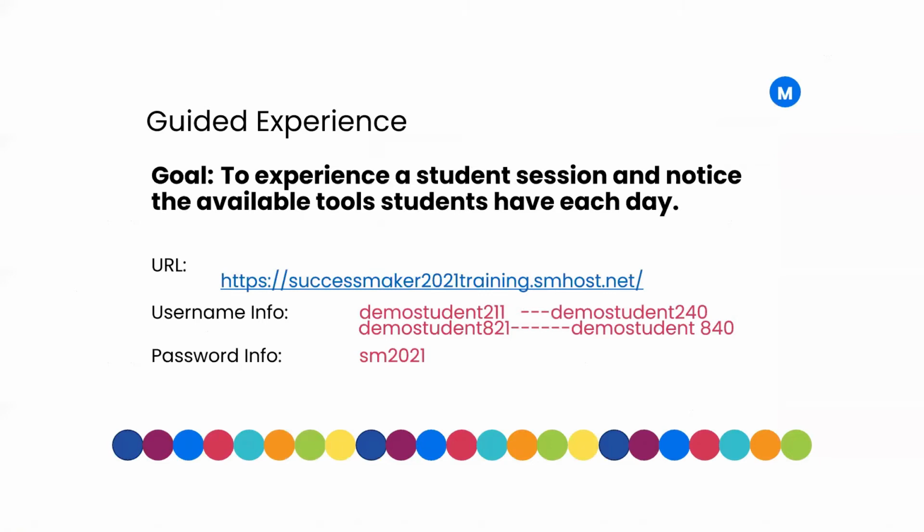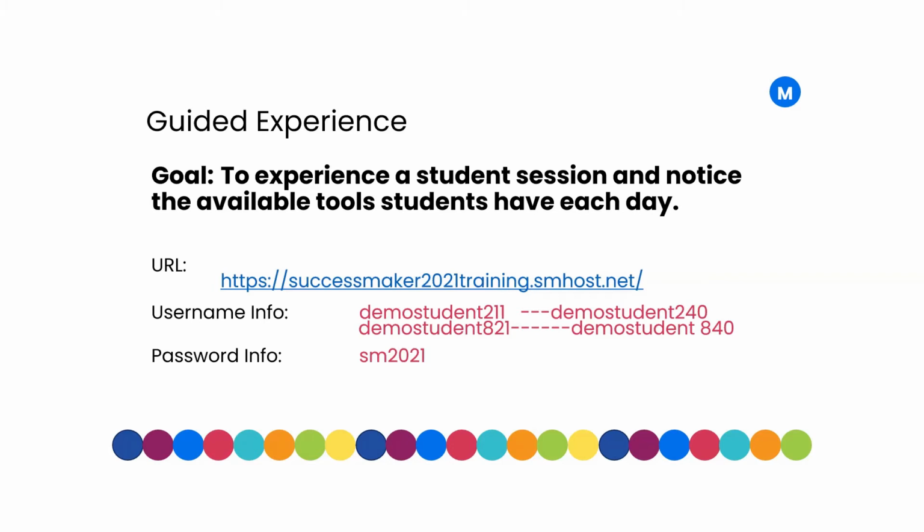And so for this reason, I'm going to put in the chat the link, but I want you to see, and Lori, I'm going to ask if you will assign each person a number, and you'll see that the username would be demo student and the number that she's going to give to you. And then the password is SM 2021.